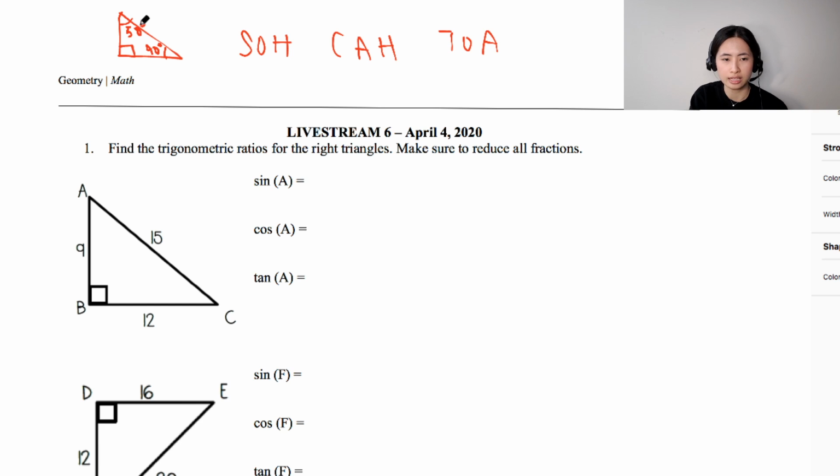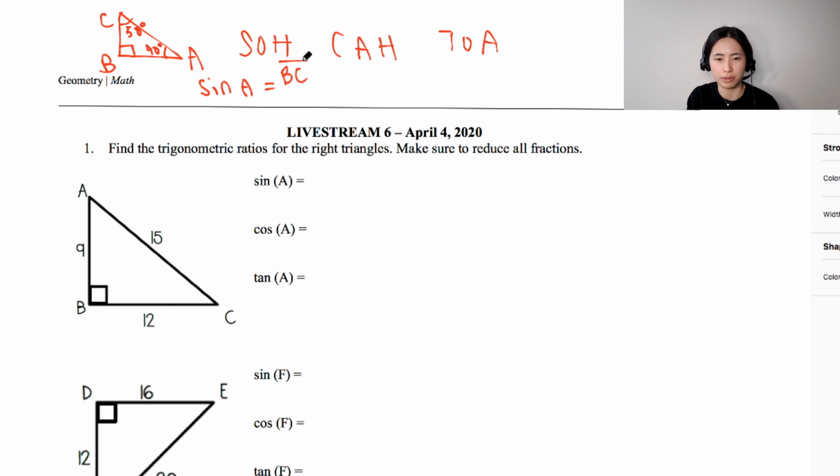But besides that, the most important thing here is to be looking at, for example, angle A. And you have B, then you have C. Let's say you're going to apply the trig ratios. If you're looking for sine A, you need to set up this equation in terms of the opposite side, that would be line segment BC.